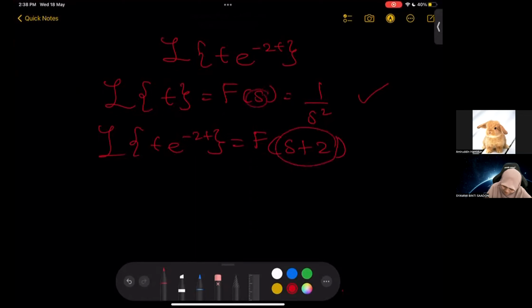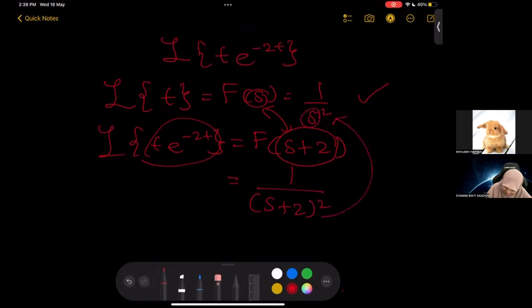Ni sama maknanya kita ada satu ni, kita angkat dia macam tu. Okay, so maknanya kita boleh mean the Laplace transform of this function will become S plus 2 square. Macam sama je macam ni. Okay, kita imagine yang dalam ni adalah the whole bracket ni lah. So macam tu je. Kita nampak macam looks like a more complicated one, but actually if we already proven, okay, kita dah prove teori property semua tadi tu, kita boleh just replace.